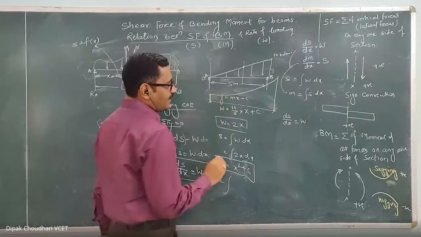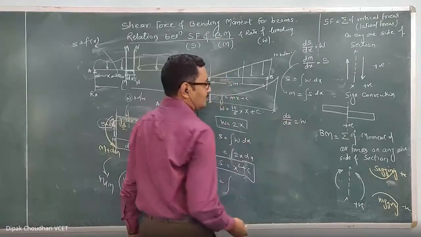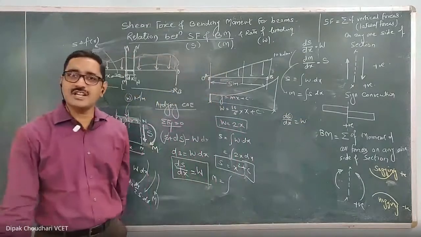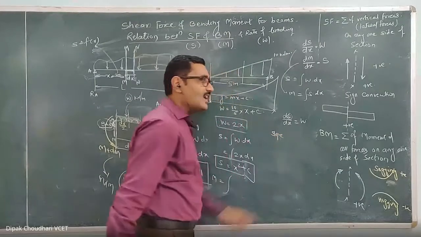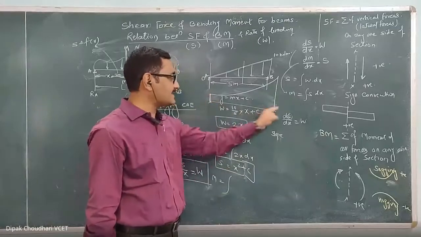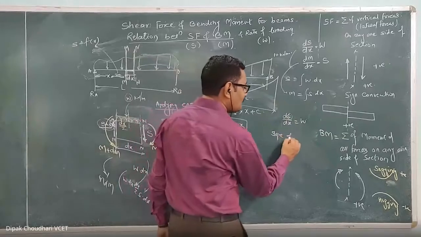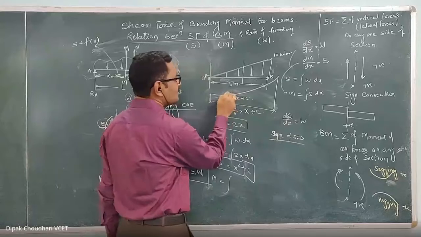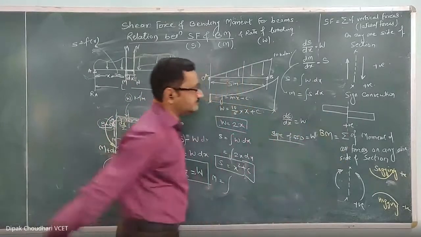Now, what I would like to tell you, since the rate of change of shear force with respect to x is equal to W, and you know that when we differentiate any equation, the first derivative represents the slope. And here we are differentiating the equation of the shear force, and this is the shear force versus x diagram. So from this one I can conclude that the slope of shear force diagram at any position gives you the rate of loading.